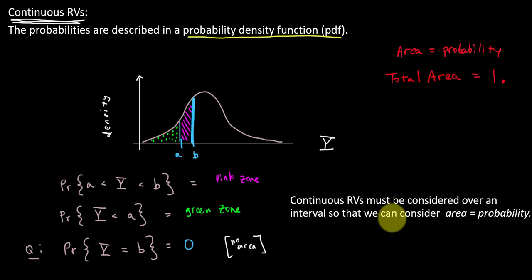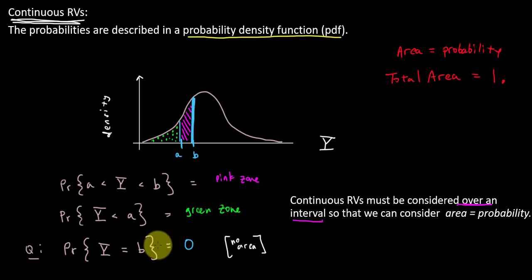And the only way that's going to happen is to consider the variable over an interval, right? Like A to B, less than A. So that way we can get that area region. So the probability that a continuous random variable equals a specific number is 0.